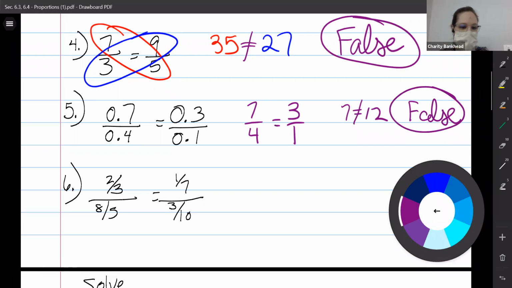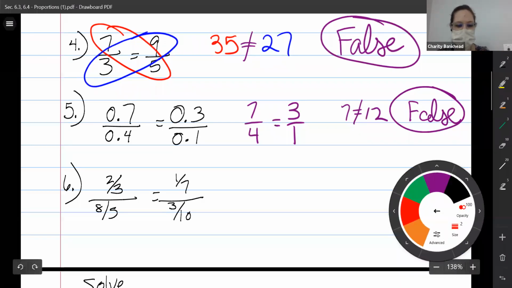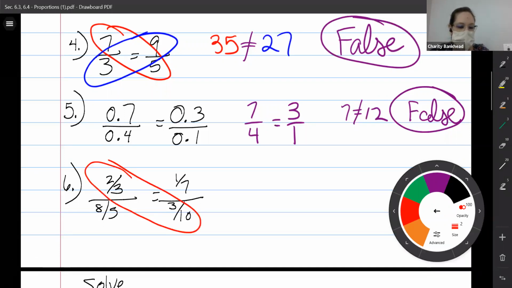Okay, number 6, pain in the butt. What are you going to do? Well, I'm just going to go ahead and do the multiplying. So 2/3 times 3/10 would be 6 over 30.